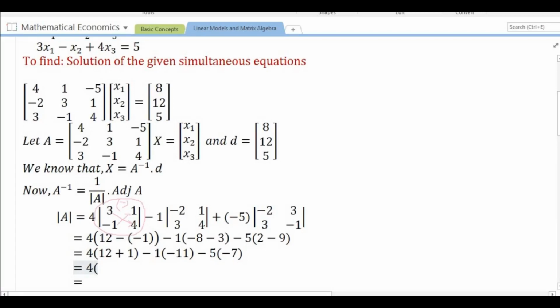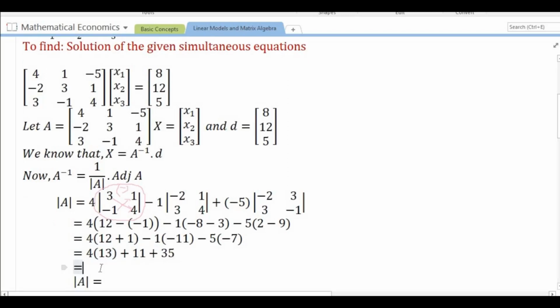4, 12 plus 1 equal 13, minus minus times minus equal plus, 1 times 11 is 11, minus times minus is plus, 5 times 7 is 35, 4 times 13 equal 52, plus 11 plus 35.